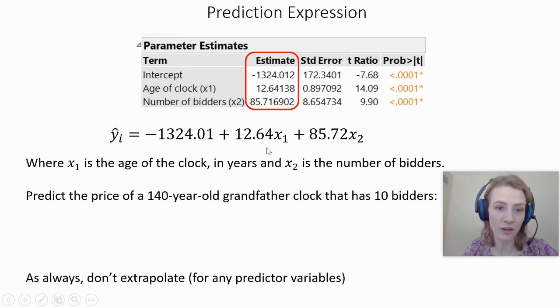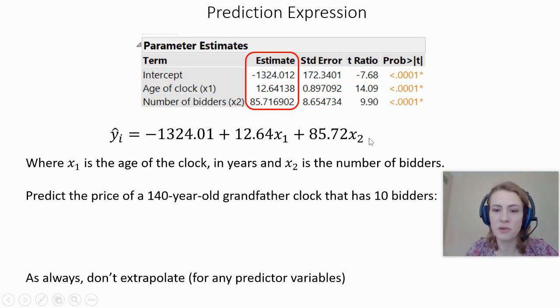So our B1 is the 12.64. I'm going to round here to the nearest cent for the price of the clock. All right, so that's our B1 getting multiplied by X1. Then our last estimate for X2 is going to be B2, which is an estimate of beta 2. So this is our prediction expression.